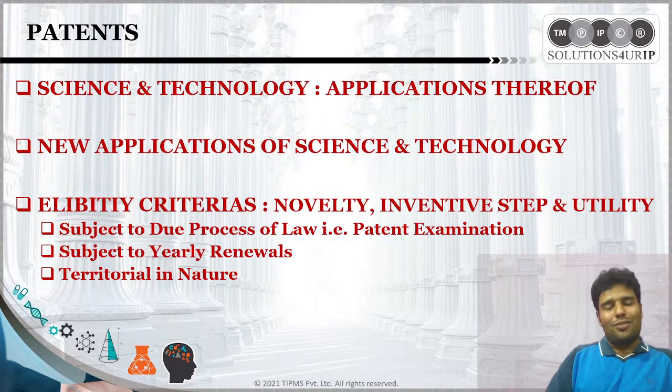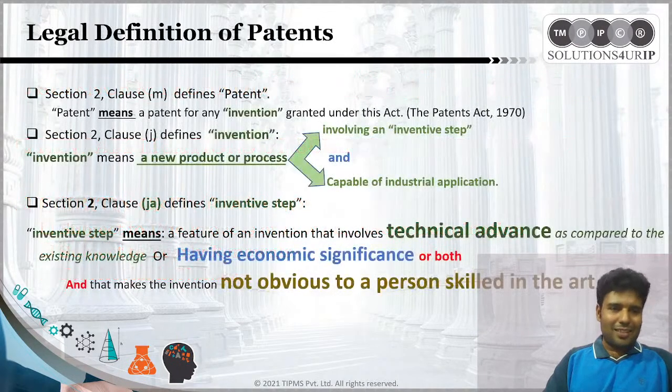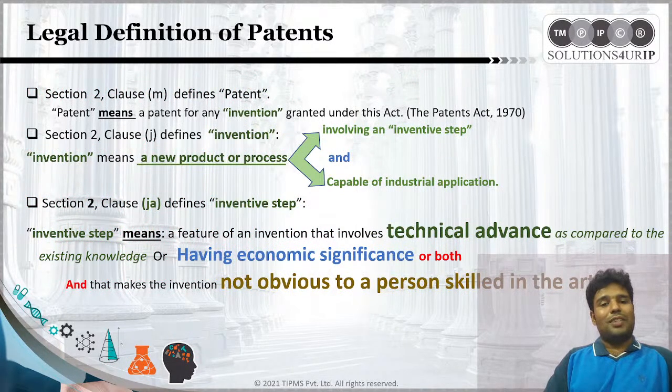But the answer to the question for the purpose of this patent agent exam is this: section 2, clause (m). It is not subsection m. Section 2, clause (m). Definitions are always provided in section 2 of any Act.